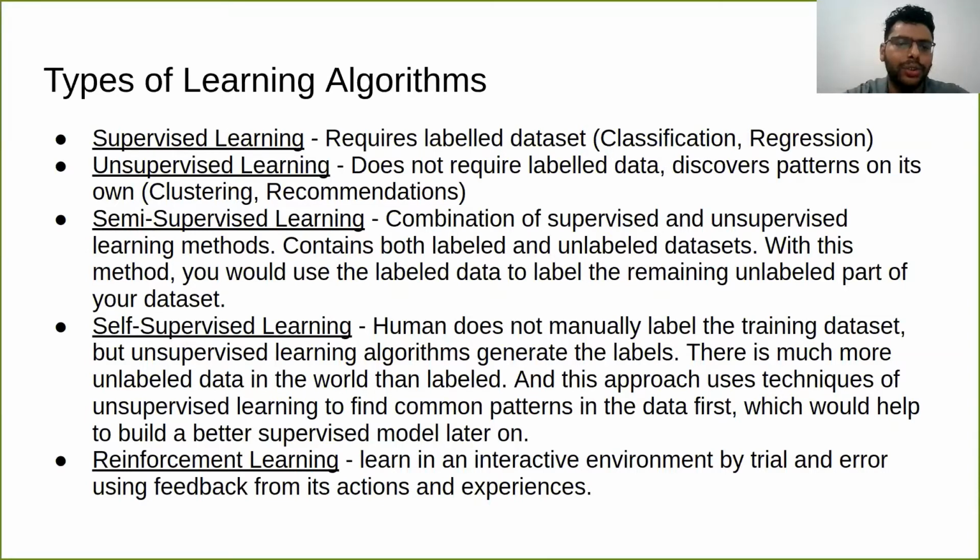This kind of algorithm is mostly used in clustering, when we are trying to divide a data set into different groups, and also in recommendation algorithms, like the recommendations that you see on YouTube, on music platforms, and even on Amazon. Those are also unsupervised learning, because we don't have a labeled data set saying that this data belongs to a particular group or category.